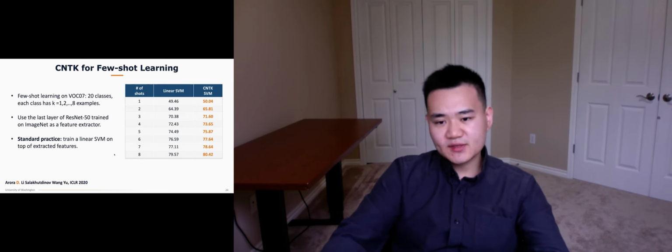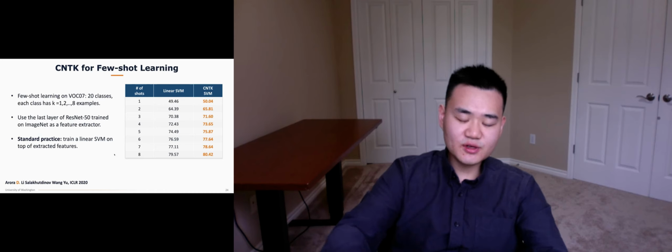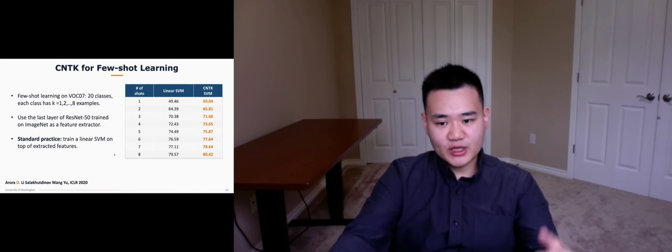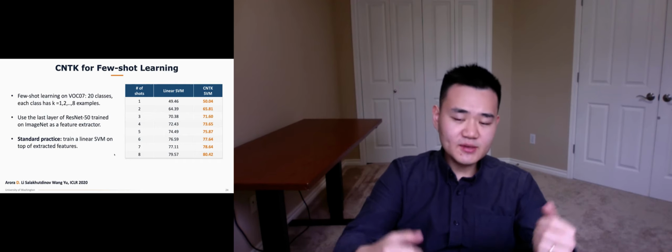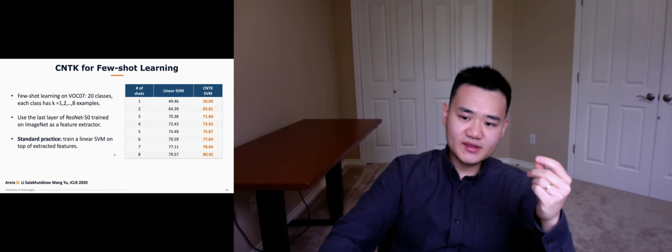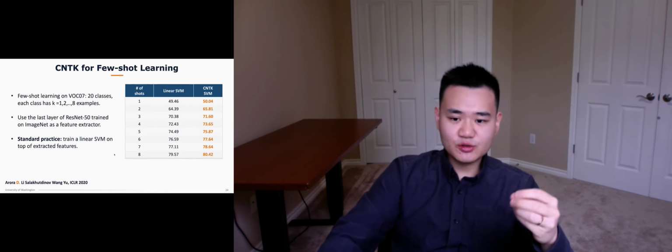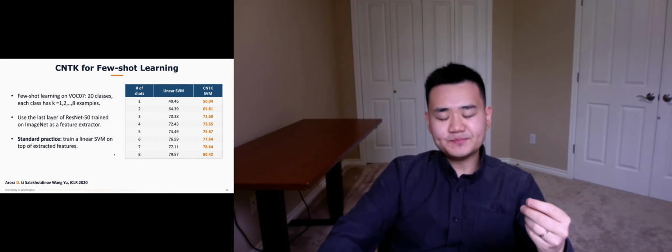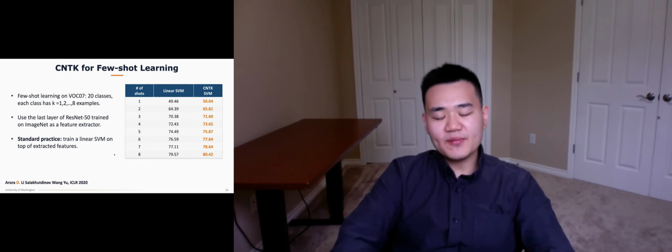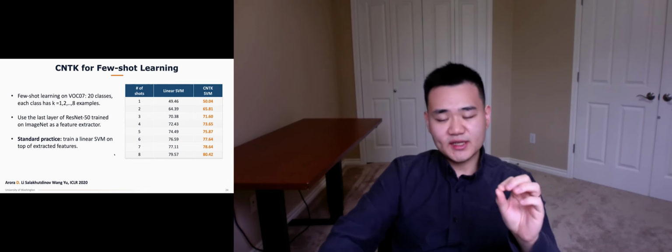The standard practice for this kind of few-shot learning is first to learn a representation using, say, pre-training datasets. For example, we can train ResNet-50 on ImageNet as a feature extractor. Then for the VOC7 dataset, we just use a linear SVM to fine-tune on this new dataset.